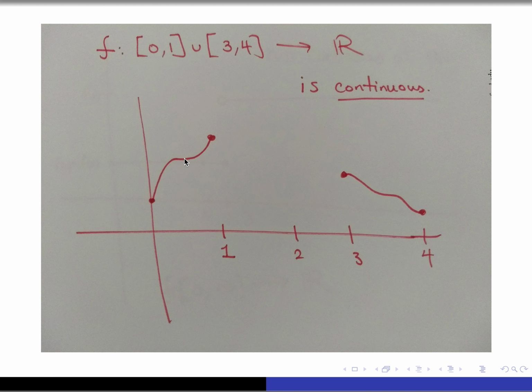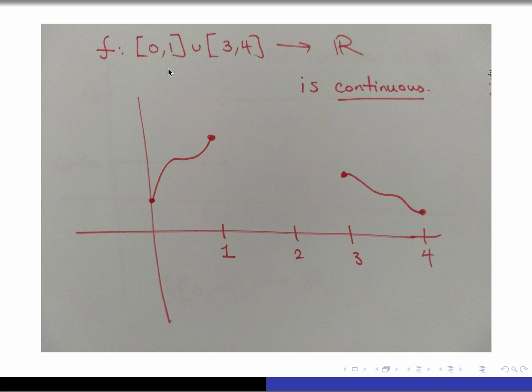But for this function, the inputs are just in the interval from 0 to 1 and then from 3 to 4. Intuitively, we look at this and say, if this were a bridge, it's definitely discontinuous. There's no connection between these two points. But in this class and in mathematics, it actually is a continuous function, and I want to talk about why that's true.